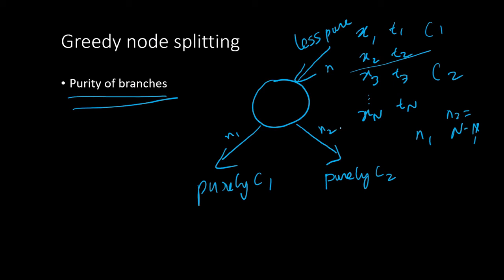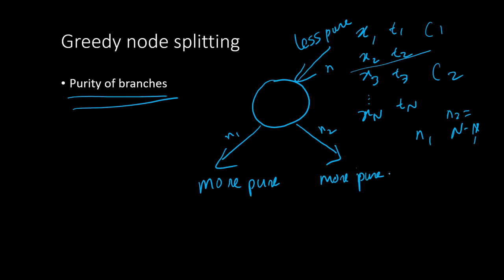So let's not say purely C1, purely C2, let's just call them more pure, because we may not have the perfect decision. More pure means predominance of one class over all the other ones.